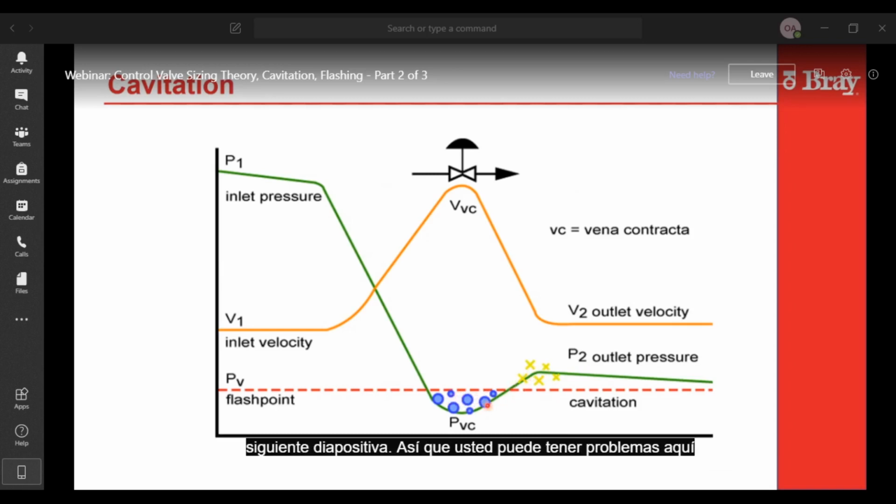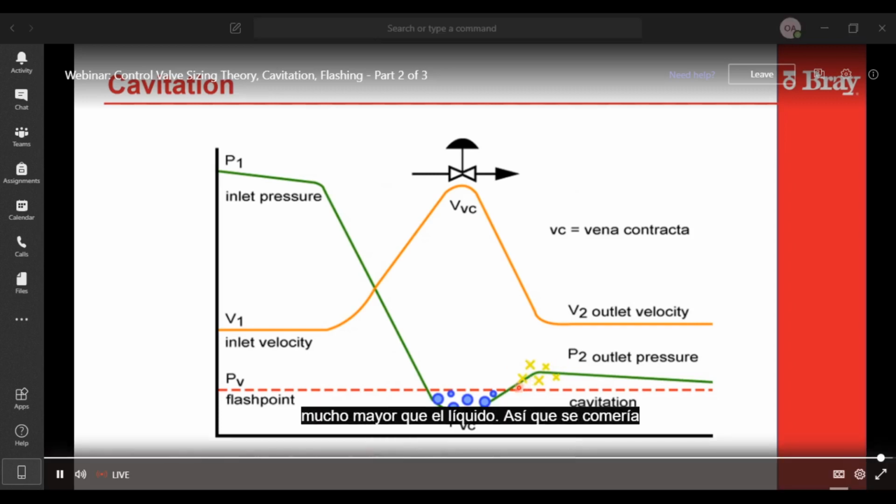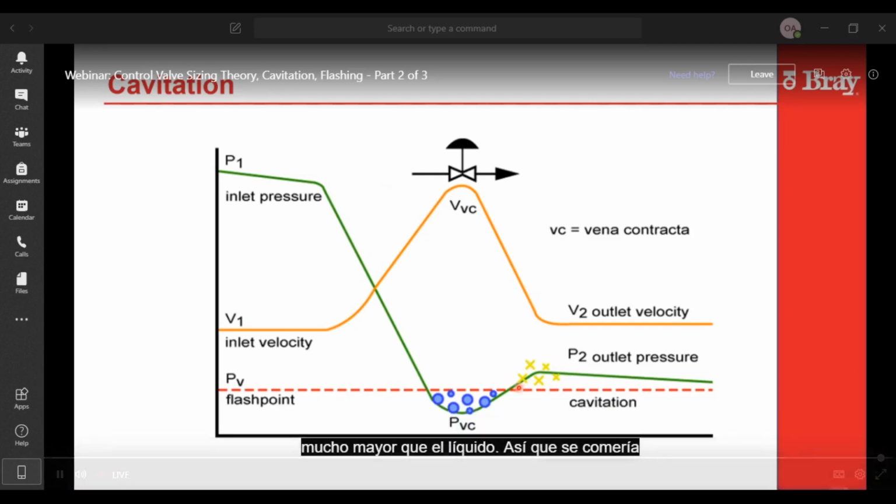So you may have problems here due to the capacity of the valve, because obviously if you're creating vapor bubbles, you're removing some area for the liquid to go through. So it would start choking the flow a little bit because of the gas going through the trim. Gas is much higher volume than liquid, so it would eat up the area in the trim really quickly.